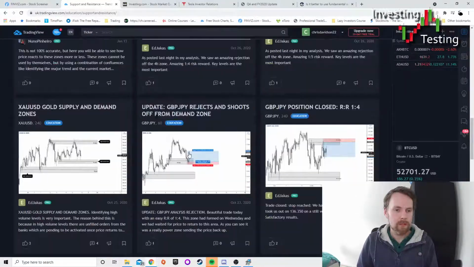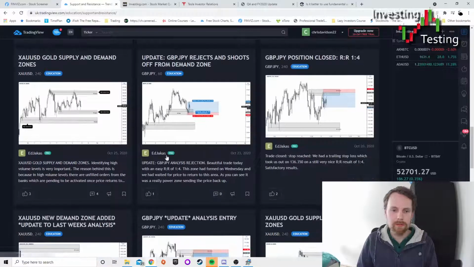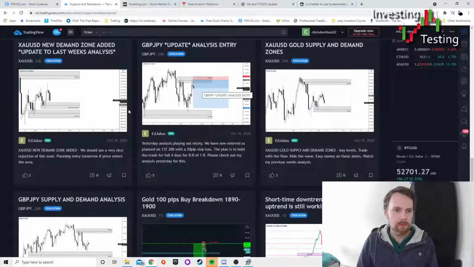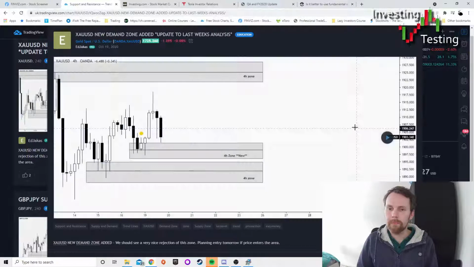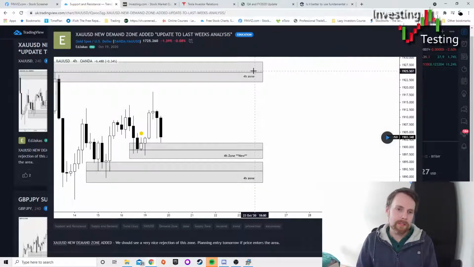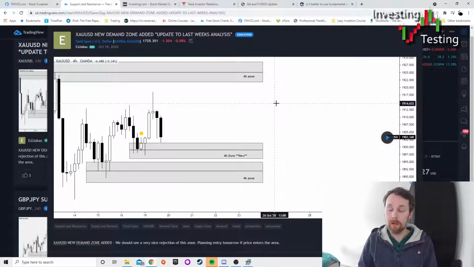But essentially, the resistance line is the line at the top where it often goes around a round number.